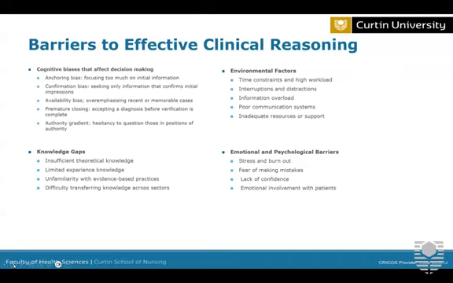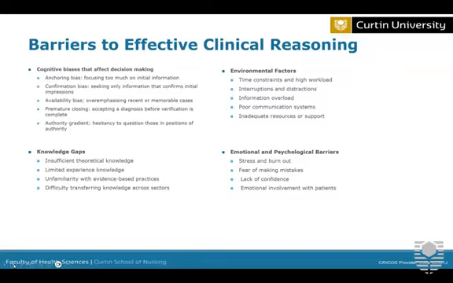Availability bias. This is overemphasizing recent or memorable cases, and there might be premature closing, accepting a diagnosis before verification is complete, and authority gradient. And this is where the person is hesitant to question those in positions of authority.